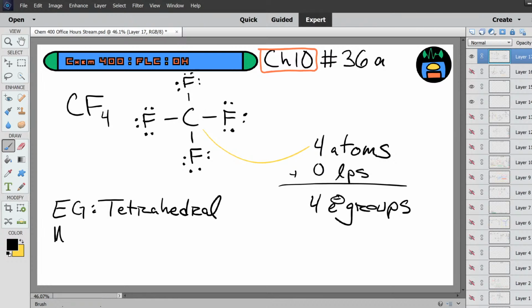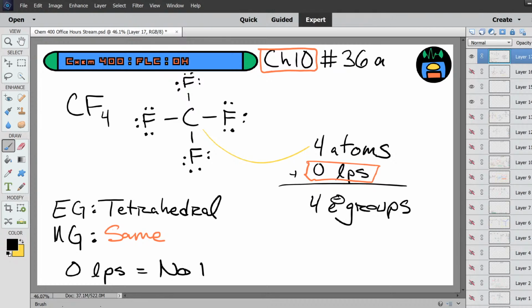Our molecular geometry is the same, because we have no lone pairs, and 0 lone pairs means that there's no deviation, so our bond angle is 109 degrees. All right, I think that's all the stuff they asked for.